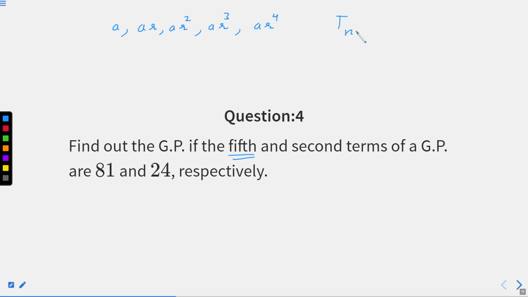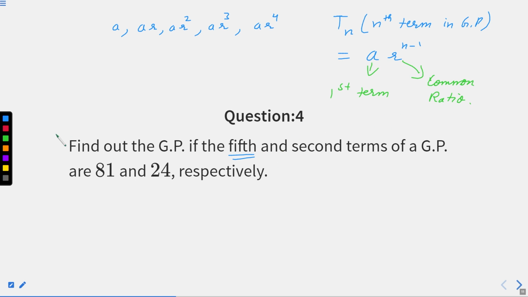In general, the nth term in a GP will look like AR to the n minus 1, where A is the first term and R is the common ratio. Simple.